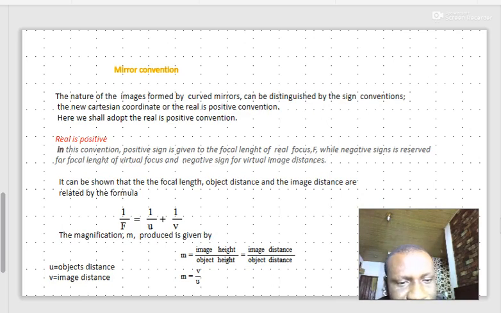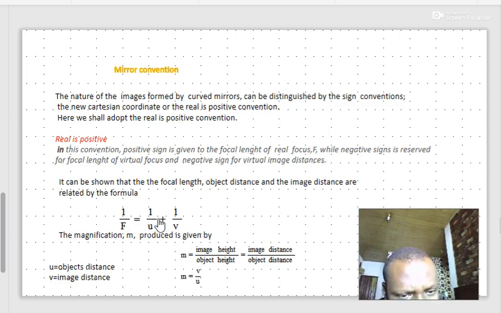So here we have a real-is-positive convention, and it can be shown that the focal length of the mirror, the object distance, and the image distance are related by the formula.